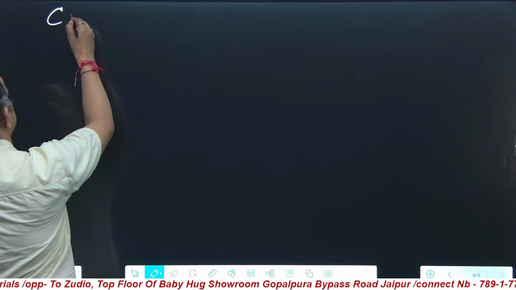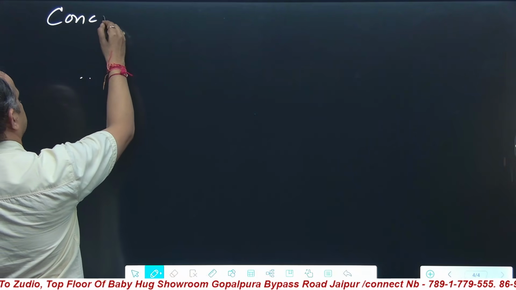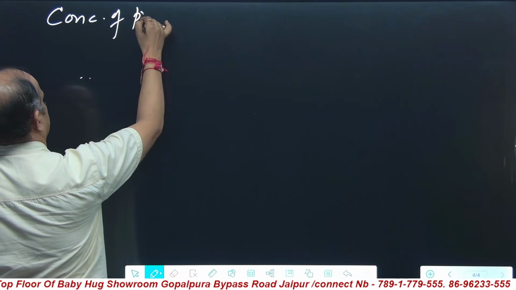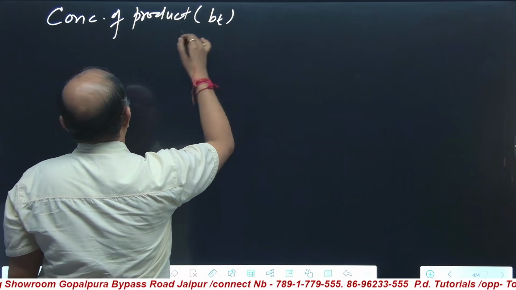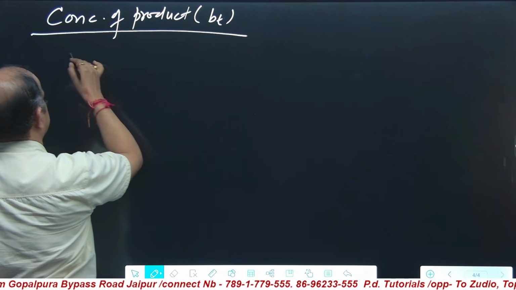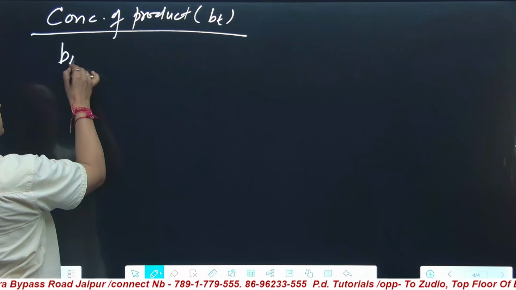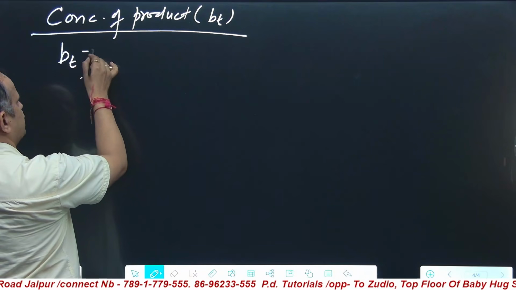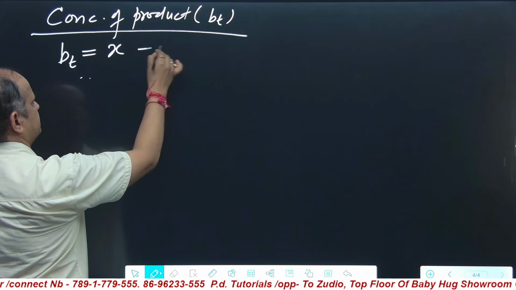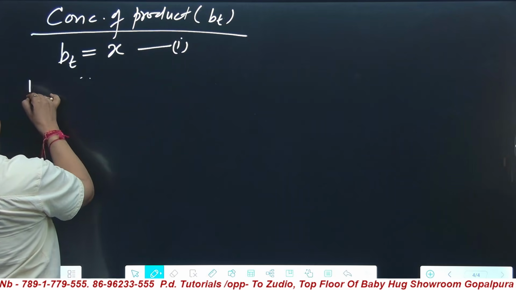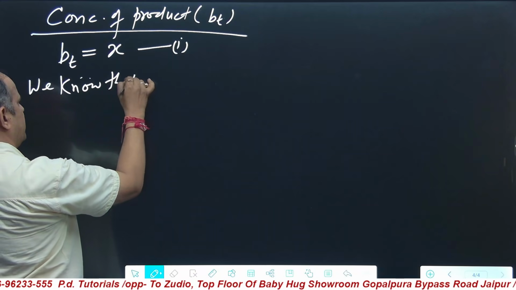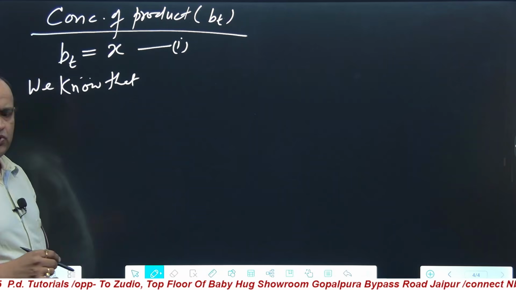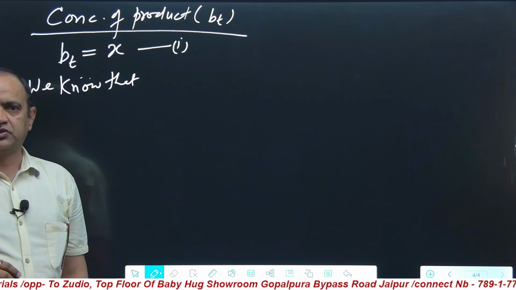Now the concentration of product. We just studied concentration of product at time t. This is equal to what? x. We know what we have derived for x. What is x?